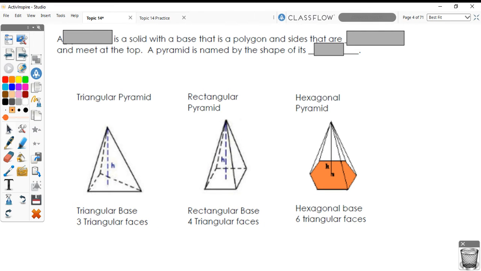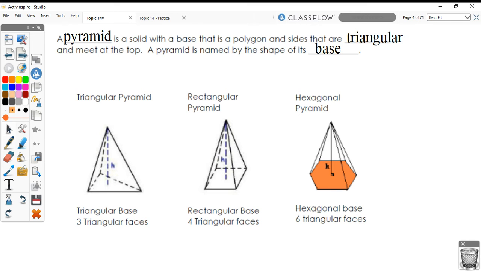Moving on now to the next page, we're looking at the first blank. It says it is a pyramid. A pyramid is a solid with a base that is a polygon and sides that are triangular and meet up at the top. Okay, so just like a prism, a pyramid is named by the shape of its base. So you could have a triangular pyramid where you've got a triangular base.